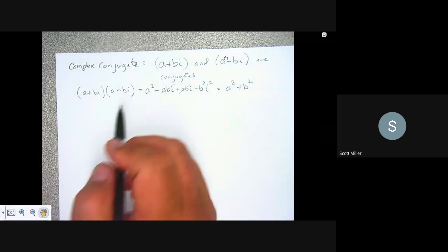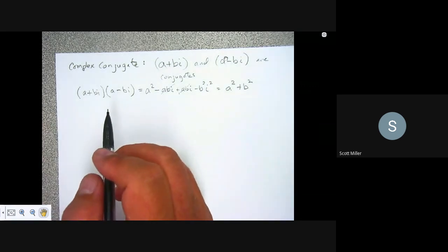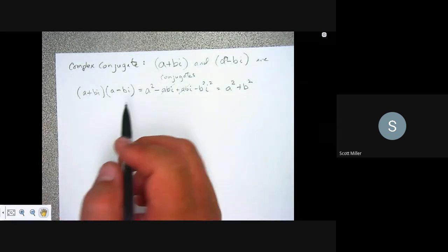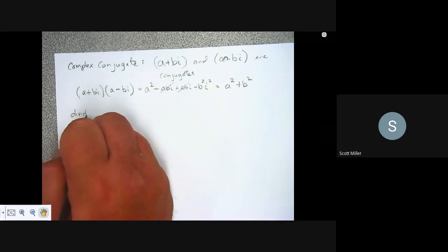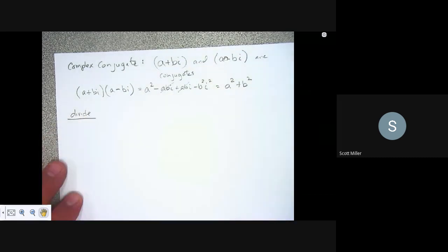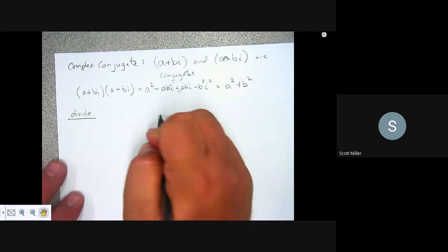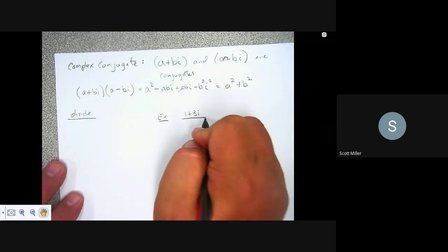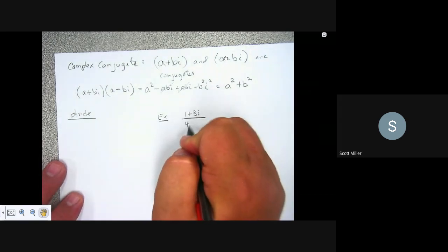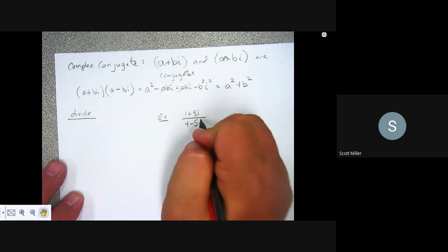Conjugates. We want to make sure we know what they are and what they're doing. Why do I need to know what a conjugate is? Because I need it to divide. Let's look at that example again. 1 plus 3i over, this is the one I did, so let's do this one, 4 plus 5i.